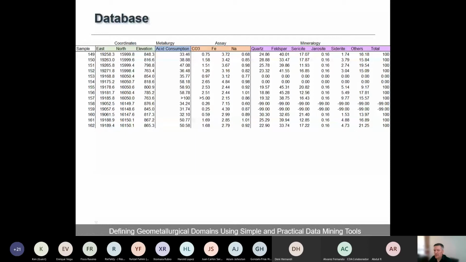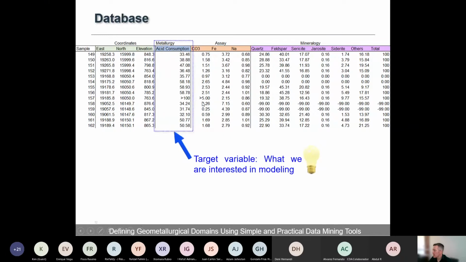In orange, we have three acids: carbonate, iron, and sodium. In purple, mineralogy, look at this, totaling 100%, 100% of the rock. And finally, the metallurgical variable corresponds to acid consumption, which is our target variable, okay?